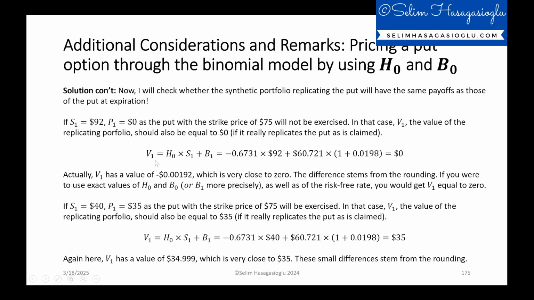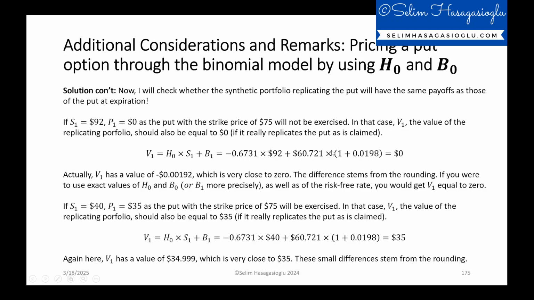So V1 then should be equal to H0 multiplied by S1 plus B1. You know H0 already, S1 was already given, $92, and B1 should be calculated by multiplying B0 by the future value factor, which is 1 plus R. Because remember, we are trying to calculate the value of the replicating portfolio at time 1, not 0. That's why we need B1 rather than B0.